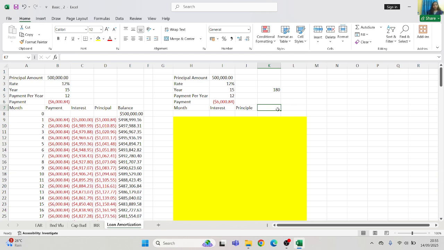Then we select cell K7 to write the balance. Now selecting H8 cell to write 0 and selecting K8 to write the principal amount.